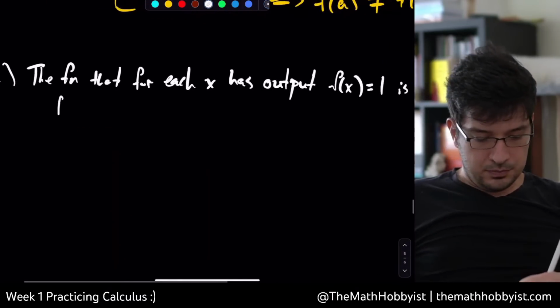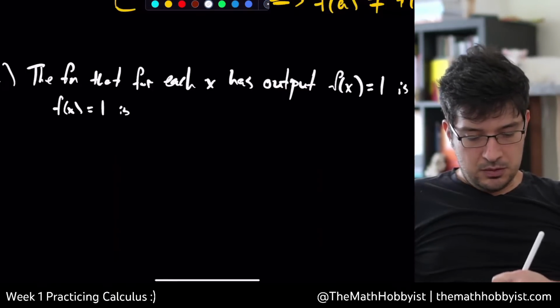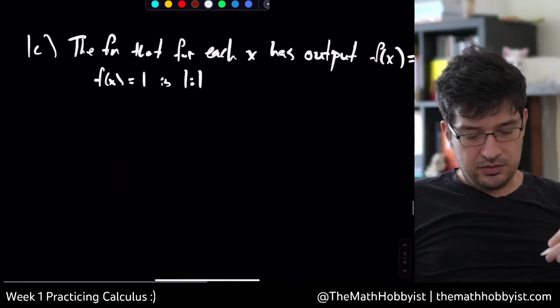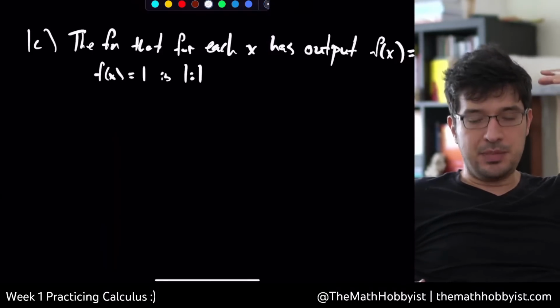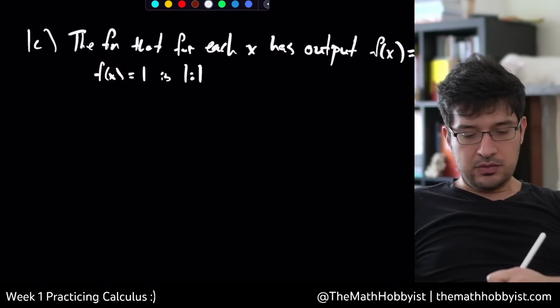Just rewriting for brevity and to make it stick in my head better: f of x equals 1 is one-to-one, is false.